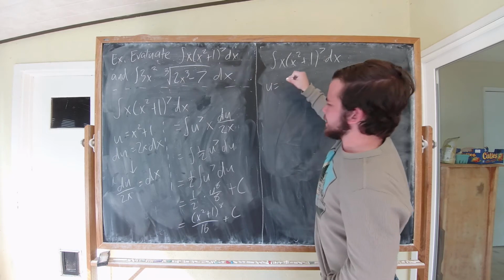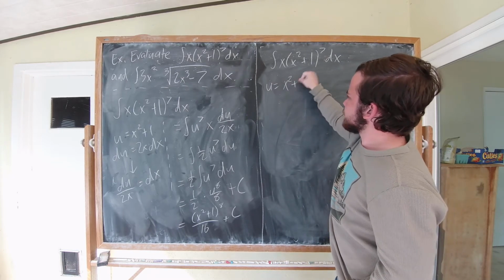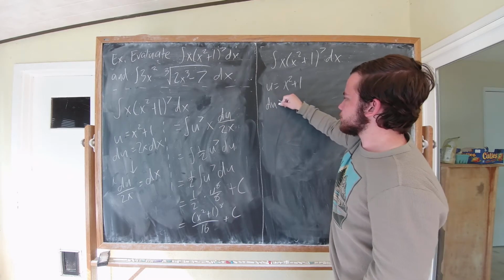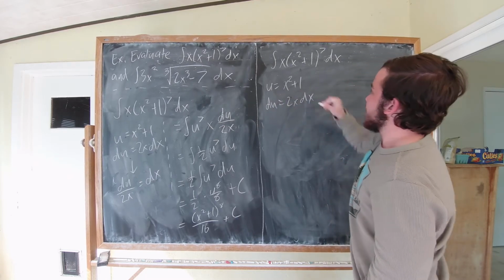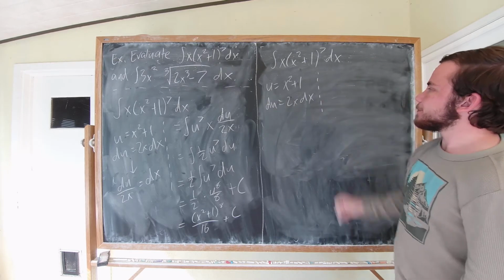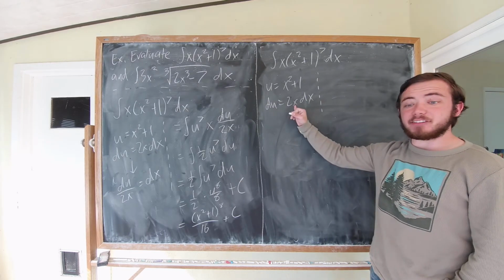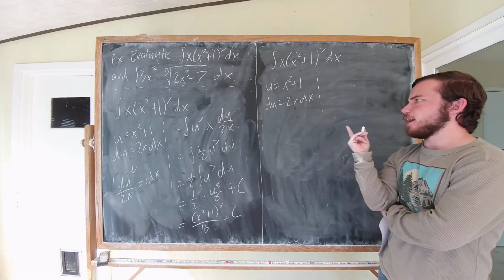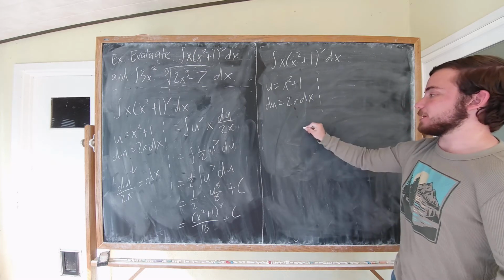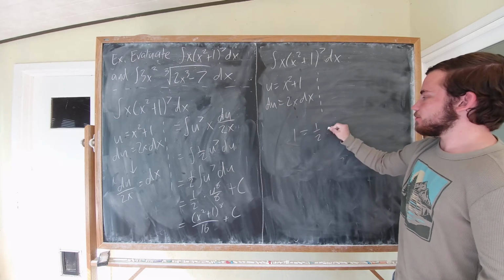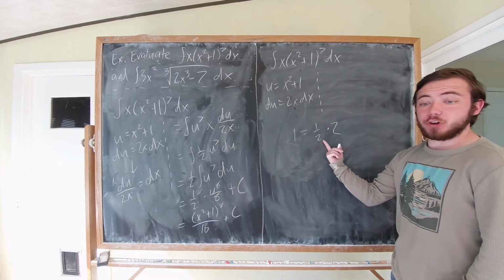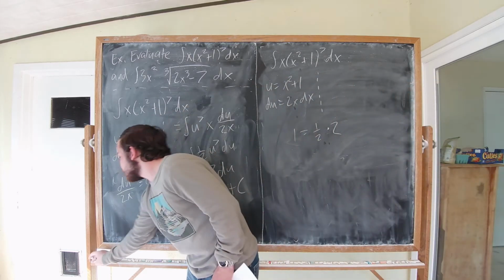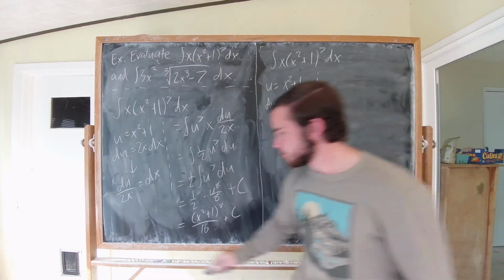Let's make the same exact u substitution. Right? We still want that x squared plus 1 gone. And I say, okay, well, I don't have a 2x dx, I have an x dx. But 1 is 1/2 times 2. True fact. And we can exploit this. Here's how we'll exploit it.